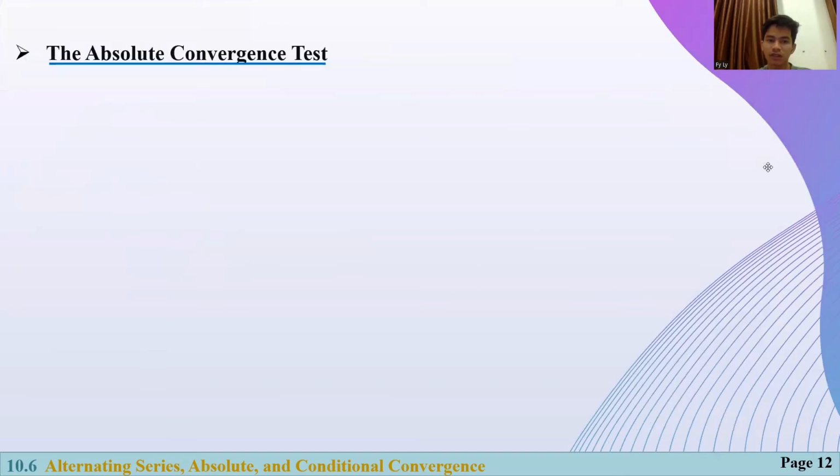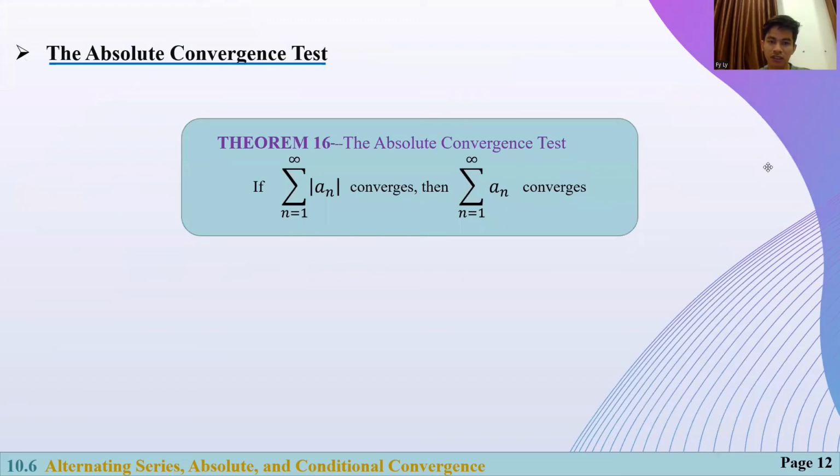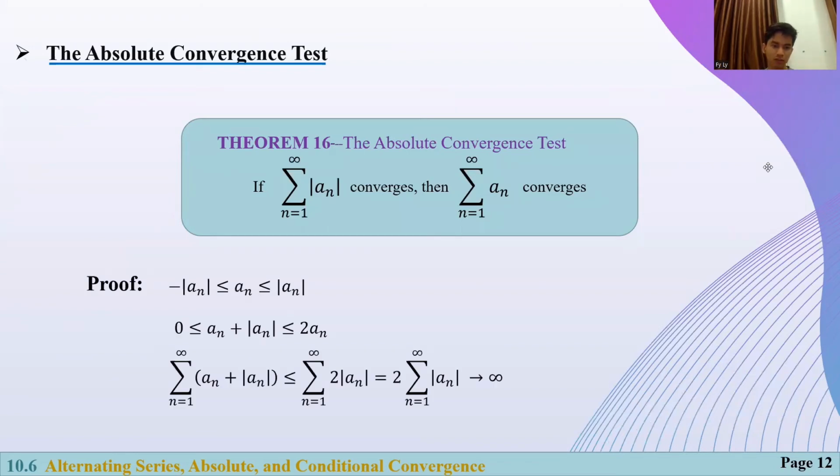So the absolute convergence test. Theorem 16, the absolute convergence test: if the sum from n equals 1 to infinity of absolute a sub n converges, then the sum from n equals 1 to infinity of a sub n converges. So this is the proof.